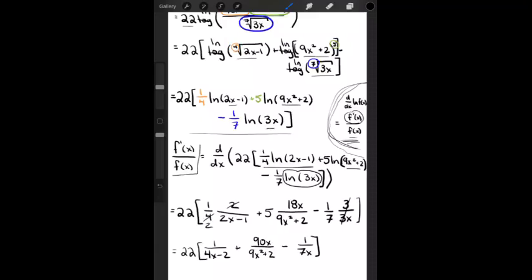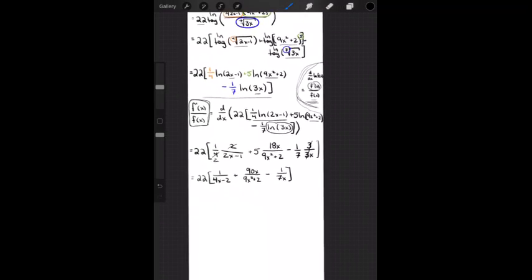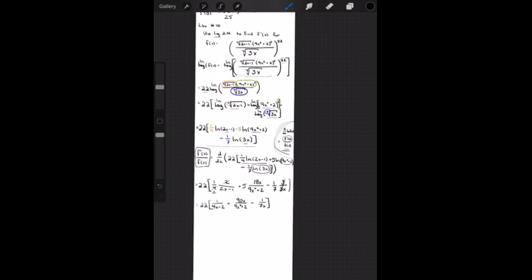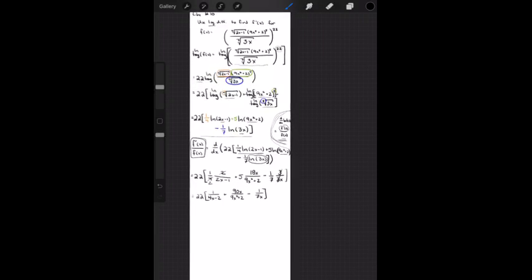Which our rules for logarithmic differentiation tell us is equal to this. Now, we don't actually want to find f prime of x divided by f of x. We just want to find f prime of x. So, let me get us back over here.